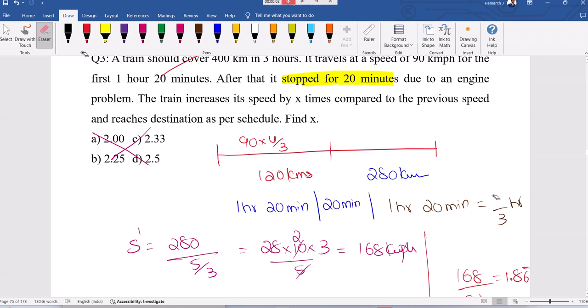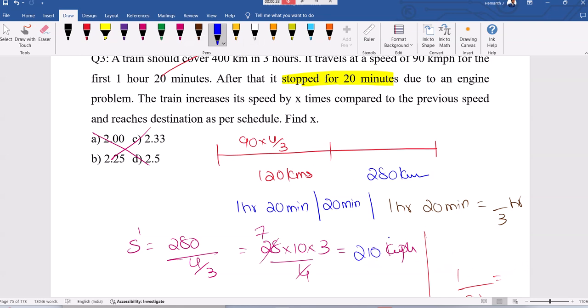Here, 1 hour 20 minutes is nothing but 4 by 3. If it is 4 by 3, then the entire speed will change. We got 210. The new speed is 210 kilometers per hour, more than double.